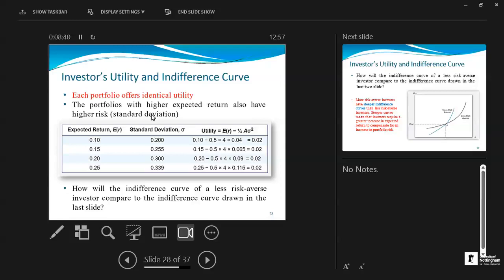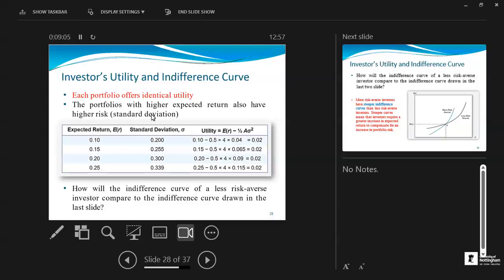And using the utility equation, we calculate the utility using the formula: expected return minus 1/2 times A, a measure of risk aversion, times the riskiness of the investment.